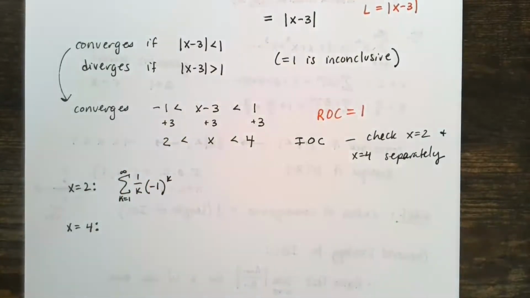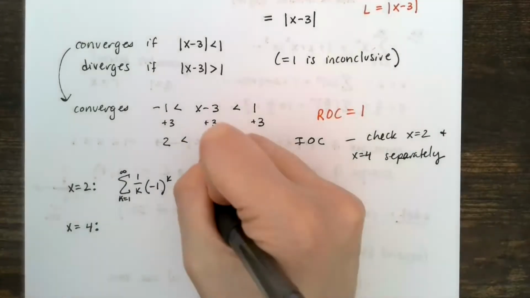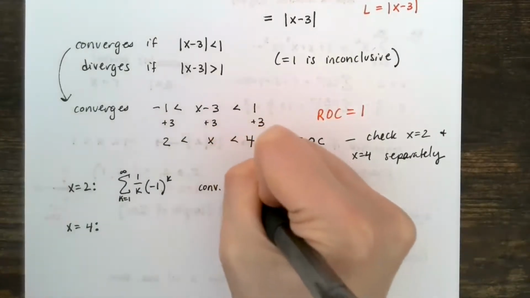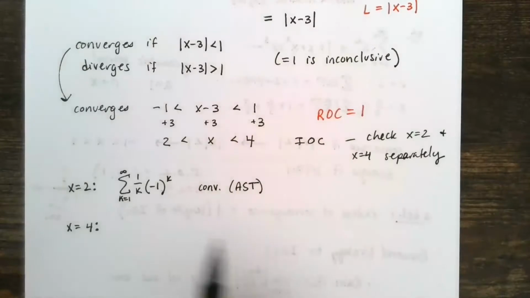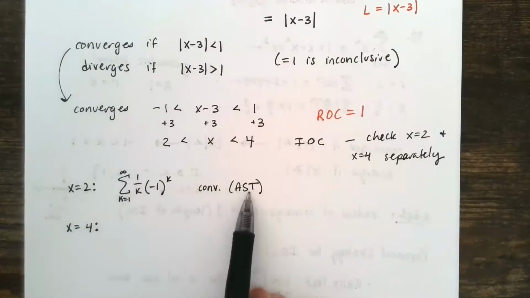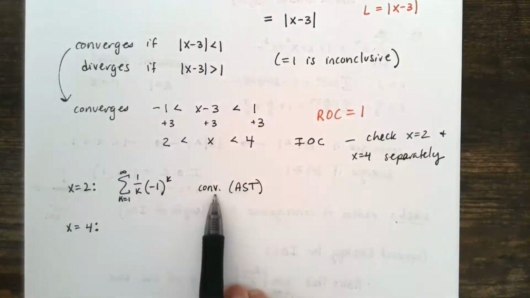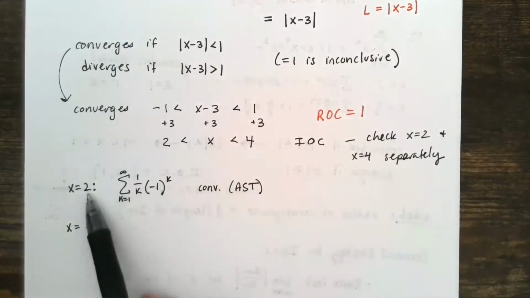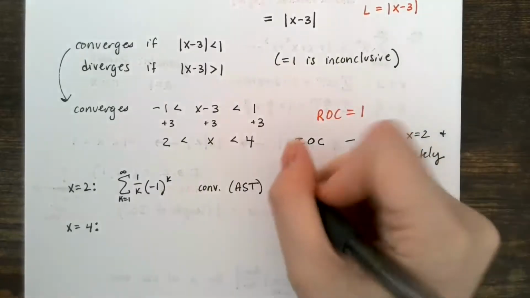Now I need to decide if this plain old classic series is convergent or divergent. I encourage you to pause this video and decide for yourself. What you should get is that this is convergent by the alternating series test. This is an alternating series with the negative 1 to the k. The 1 over k's go to 0, so it passes the alternating series test with flying colors. So that means that 2 is in my interval of convergence.